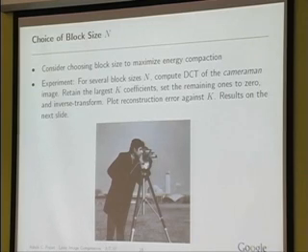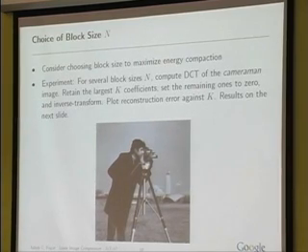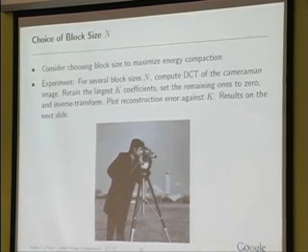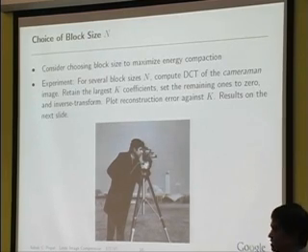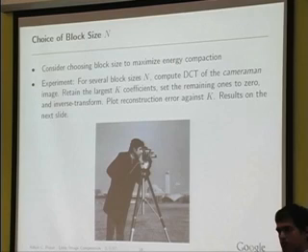So let's talk for a minute about choosing the block size. And let's say our goal is just to compact energy, because that's all we've really talked about so far. So one experiment we could do is try to estimate how much energy compaction is going on for each block size, and then choose the best one. So here's an experiment. For several different block sizes, we tile the image into that block size and compute the DCT on each one.